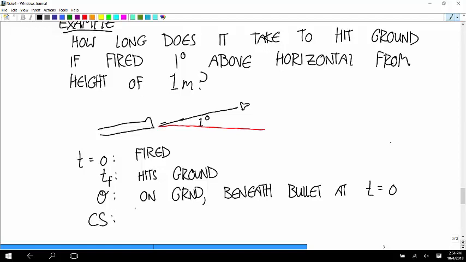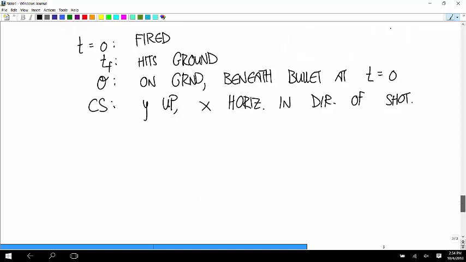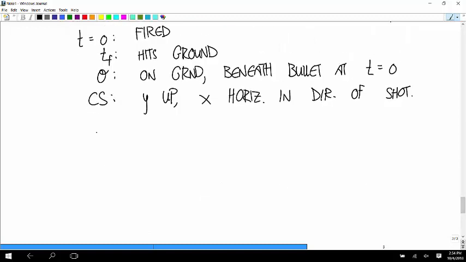And the coordinate system is the y-axis up, x horizontal in the direction of the shot. That's all just like I did before. And now let's go through the variables. Time final is what we're trying to find.